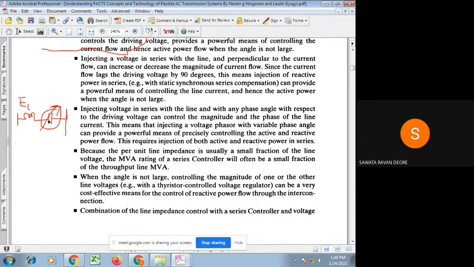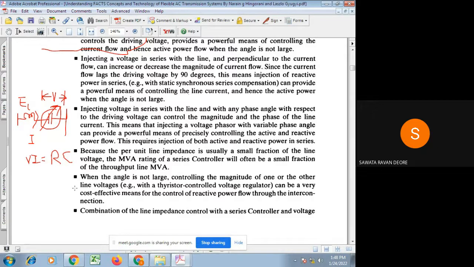Obviously, when we add the capacitor in series with the transmission line, it will carry the rated line current. That capacitor also has to carry the rated line current of that transmission line. Whereas, according to how much voltage we want to compensate, its rating for injecting the voltage is decided. And this V into I is nothing but the rating of your compensator.